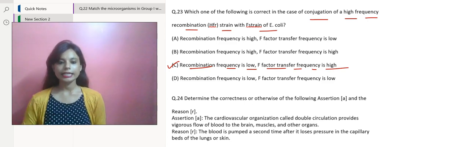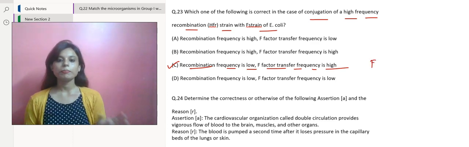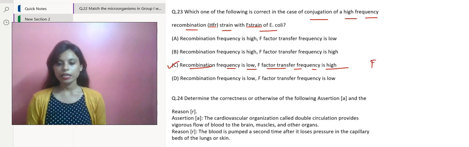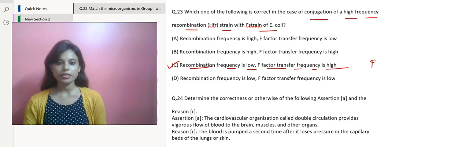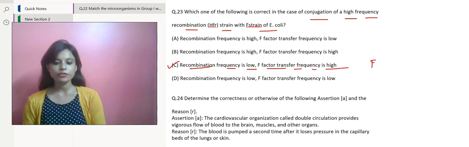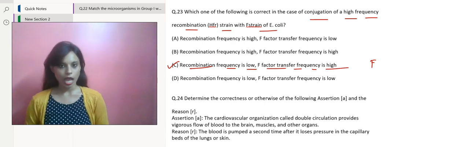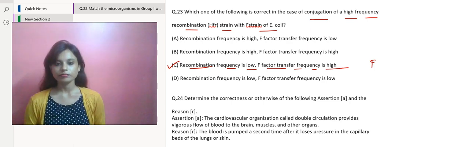On the other hand, if the F factor is present on a plasmid, which can be transferred at a higher frequency than the chromosomal DNA, then the frequency of transfer of the F factor is high.